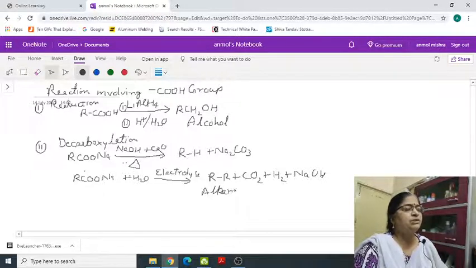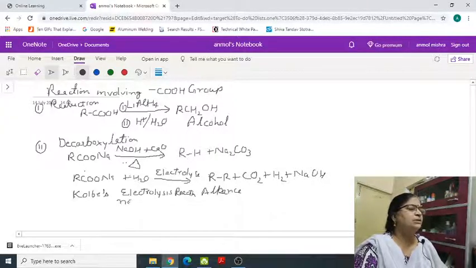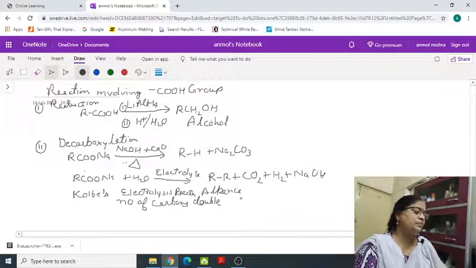The only difference in these two reactions is that in Kolbe electrolysis, the number of carbons doubles relative to the carboxylate salt. By this method we can also prepare alkene and alkyne.